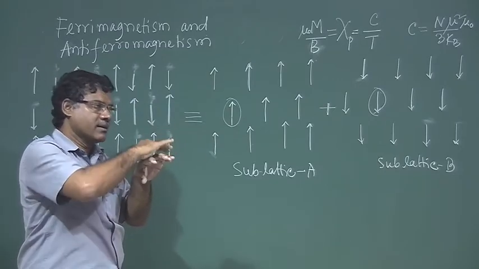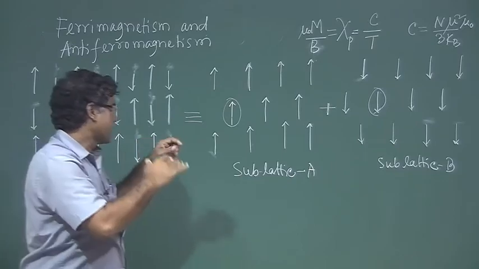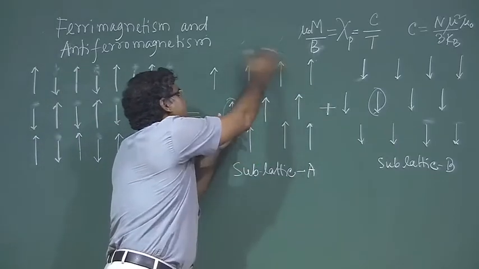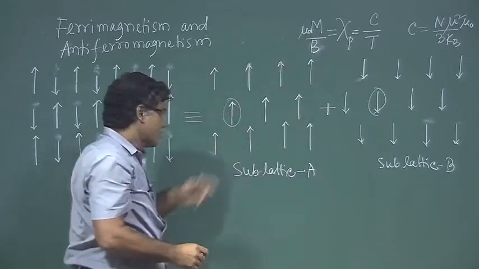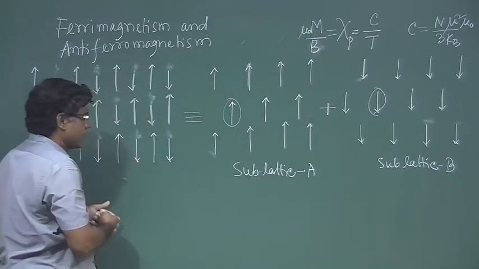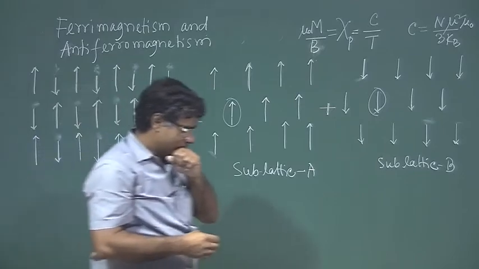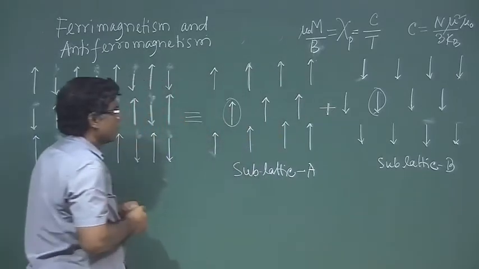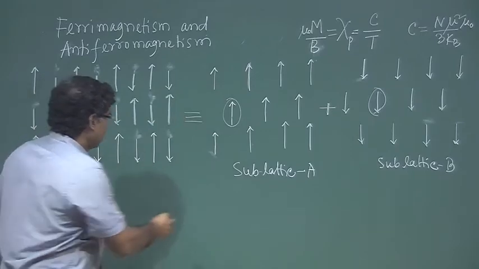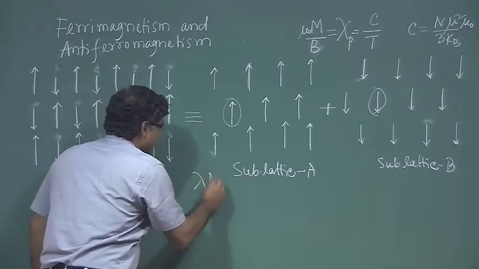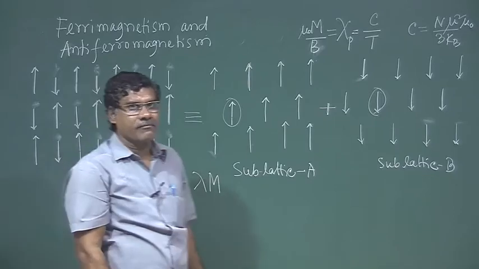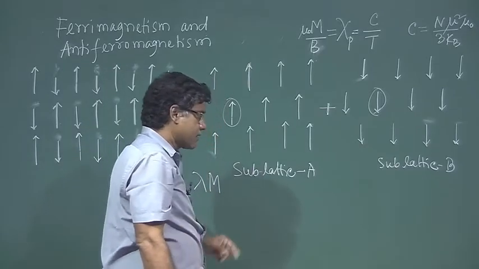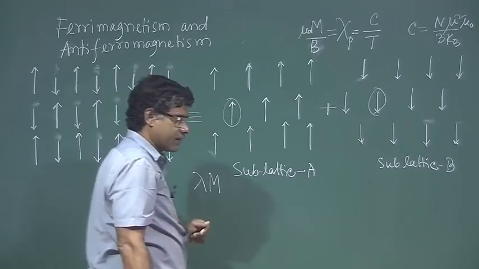So, the spin interacts with a field provided by the nearest neighbors. That molecular field we took as proportional to the magnetization, lambda being the proportionality constant, the molecular field constant, right.